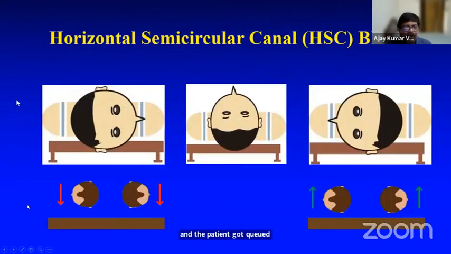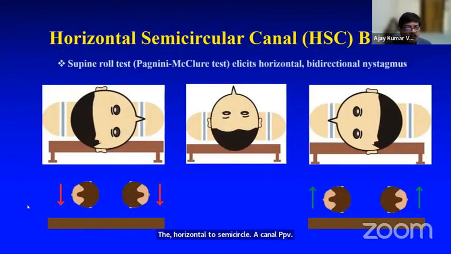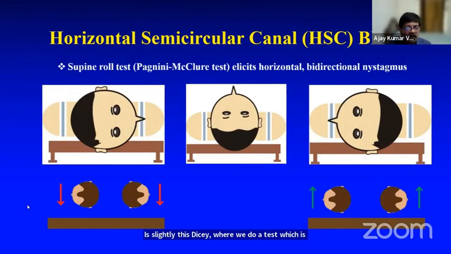The horizontal semicircular canal BPPV is slightly dicey, where we do a test which is called the supine roll test or the Pagnini-McClure maneuver. It elicits a horizontal bidirectional nystagmus, that is a lateral head roll to the right as well as to the left.